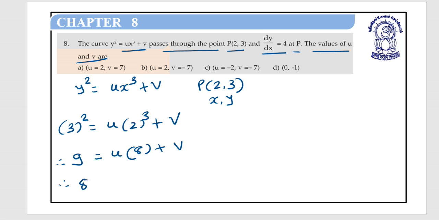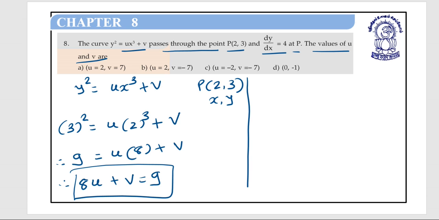So 8u plus v is equal to 9. Now dy by dx is equal to 4 given at P point. P is (2, 3). Now find out the dy by dx.